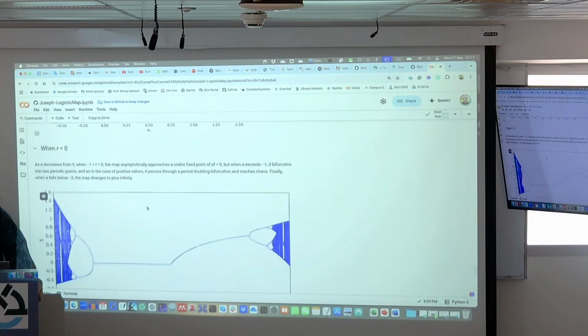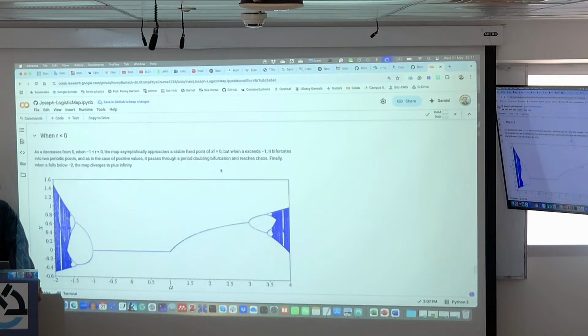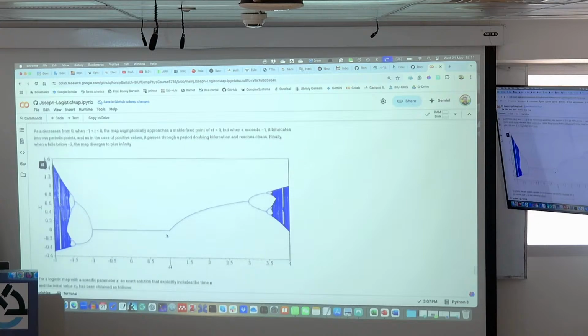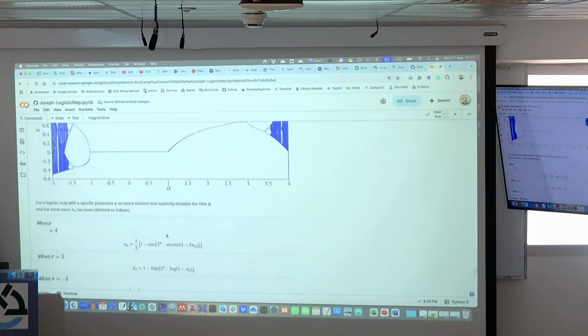And next is when r is smaller than 0. Also, we can plot it as it approaches a fixed point of 0, but when r exceeds -1, it splits into 2 periodic points, and something similar when r is bigger than 1. So those are the characteristics of it.